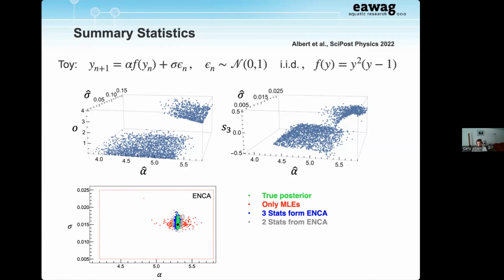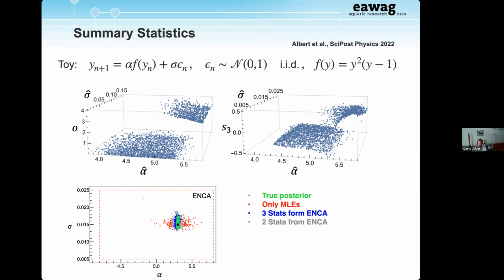Although we tell the bottleneck, okay, use these two slots to learn parameter estimators, it sort of overrules that to some extent, and it learns also some information about the separation of the two different attractors at the cost of making the two parameter estimators a little bit worse. But it's beneficial because the posterior we get is better than the posterior we would get if we only use maximum likelihood estimators for inference. But it's not as good as what we get when we use three statistics.